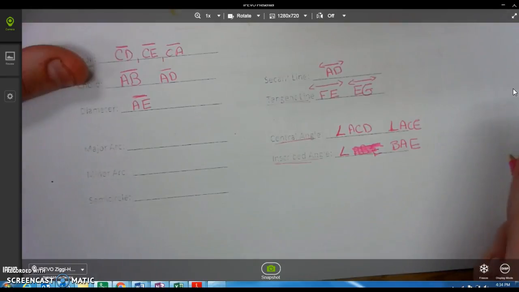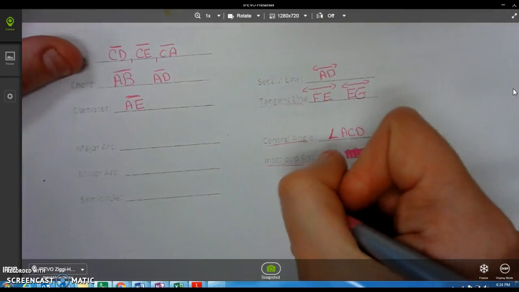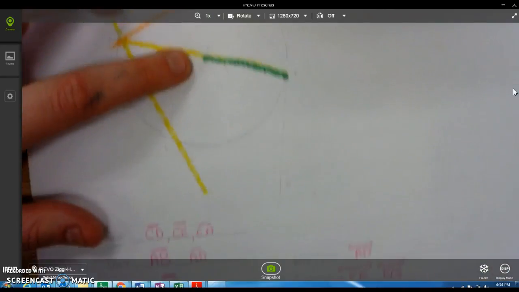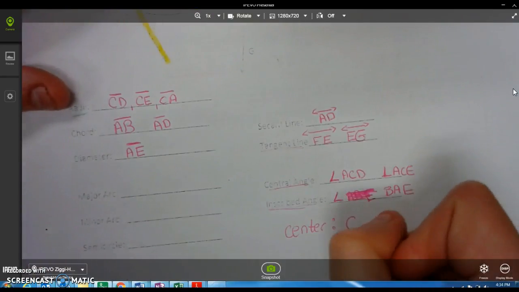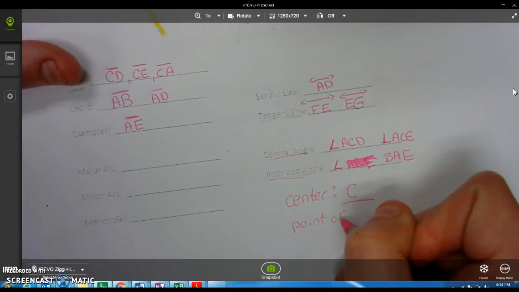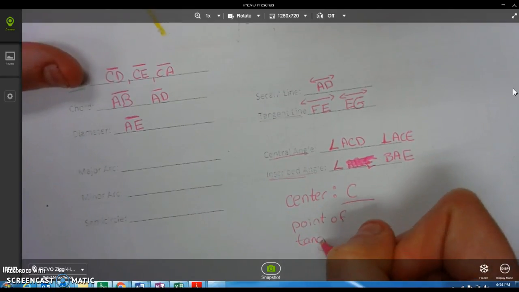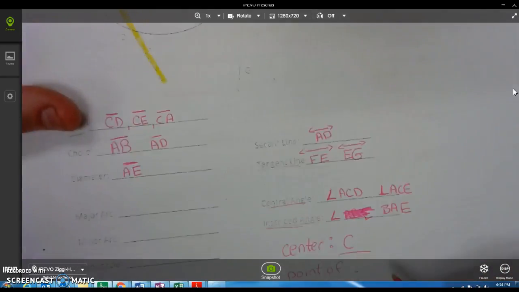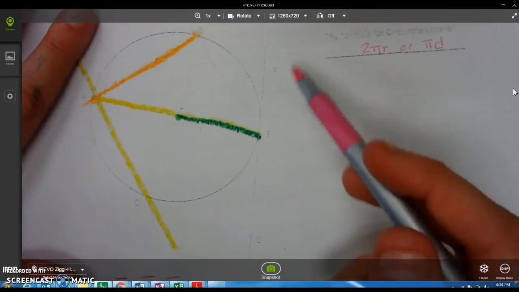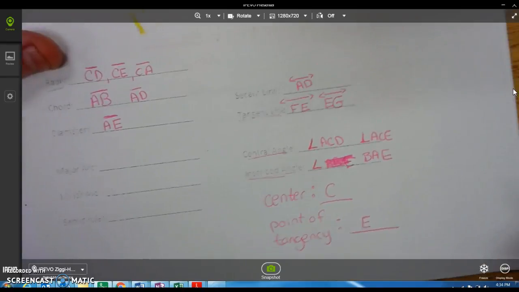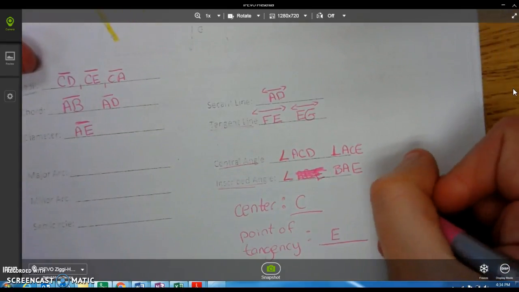There's a couple of things that I didn't put on here that you need to add. We're going to have the center, which is just a point. So the center of the circle is C. I can have the point of tangency, which is just where my tangent line touches it, so that's also a point. If I look at my tangent line, it touches at E, so that's going to be a point E. And you're also going to have to name this circle.